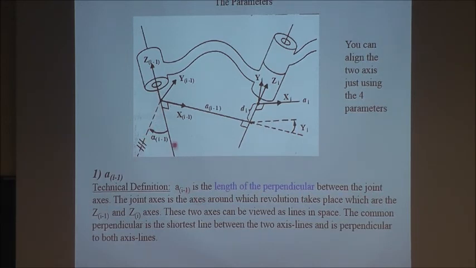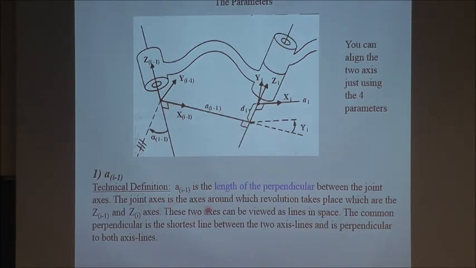In other words, if you have 1 axis here, 1 axis there, the perpendicular connecting these two together, that distance is ai minus 1. You see, this is perpendicular to this and perpendicular to this. Both of those angles are 90 degrees.